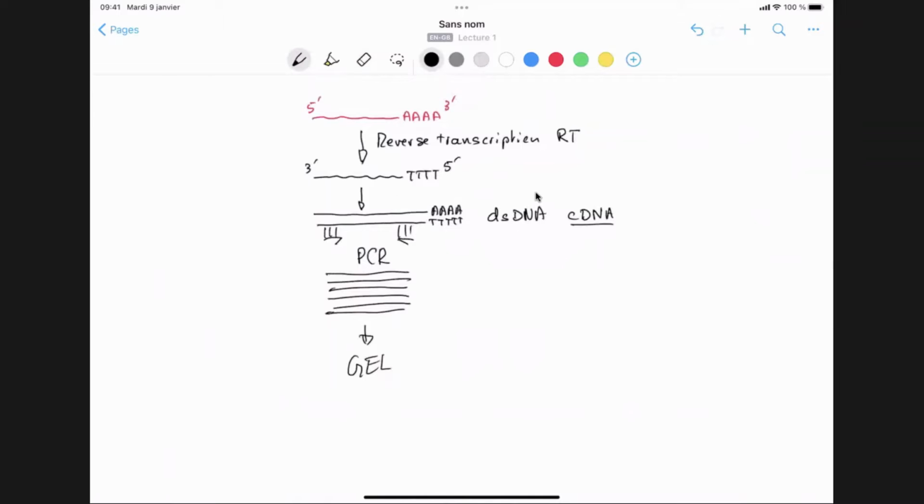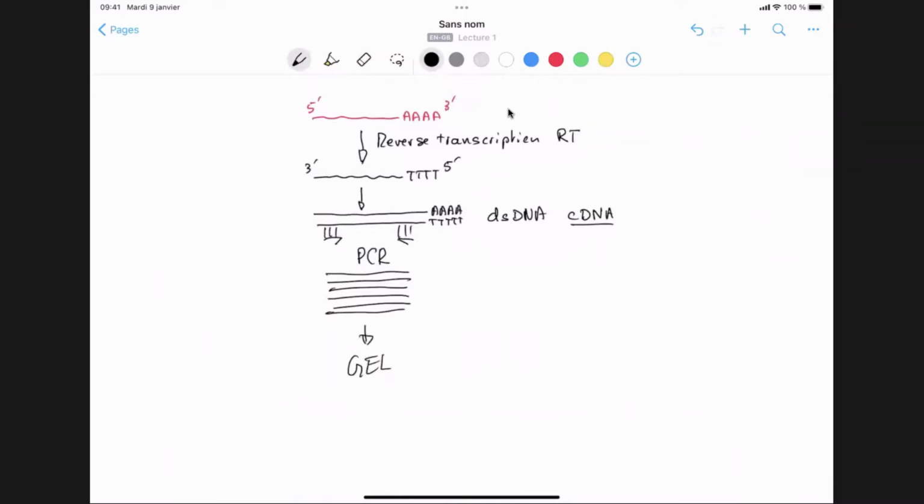The second point is a technical point. In this kind of experiment, the first thing to do is to extract the RNA from your samples. But the problem is that with all the methods that we have to extract messenger RNA from a sample, you always have contamination by genomic DNA.